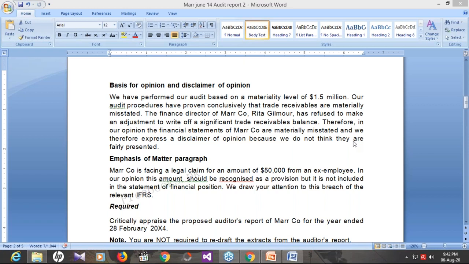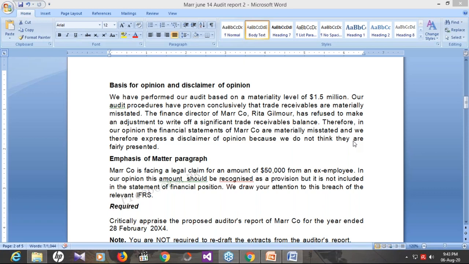For immaterial, we will take uncorrected misstatements. Yes, these are the uncorrected misstatements which are immaterial, and we will see whether these uncorrected immaterial misstatements, if aggregated, become material, then we will take further action on our audit opinion. Otherwise, we will not include it in the opinion, or in the emphasis of matter paragraph.